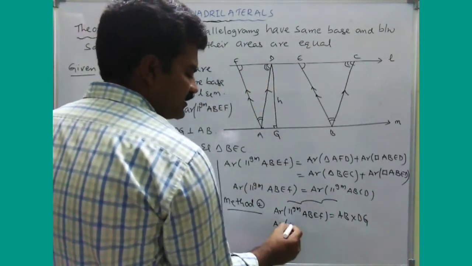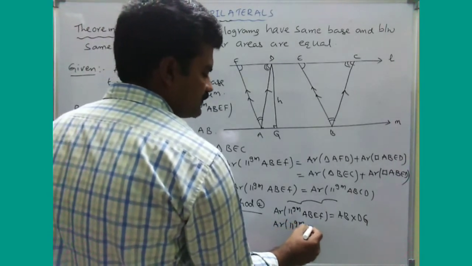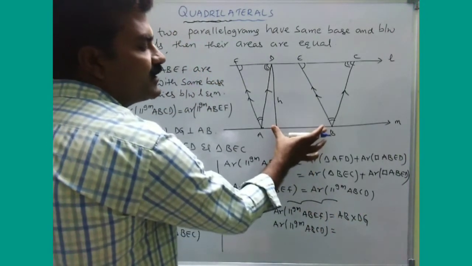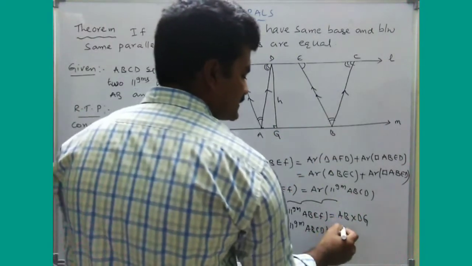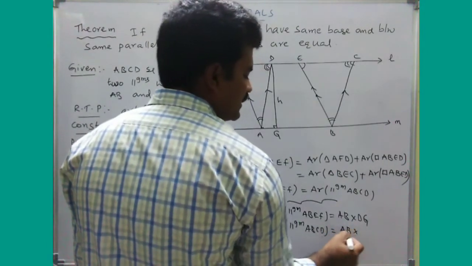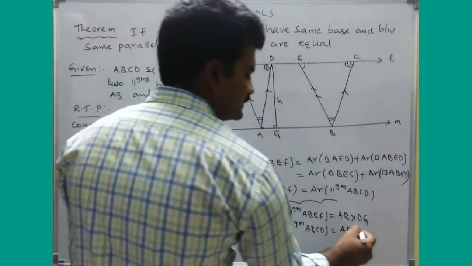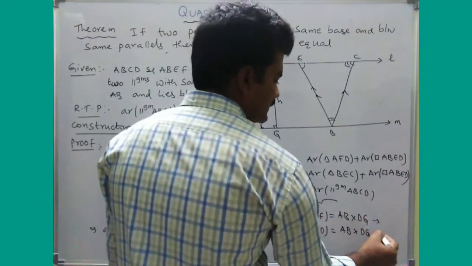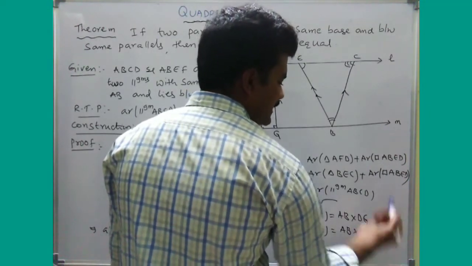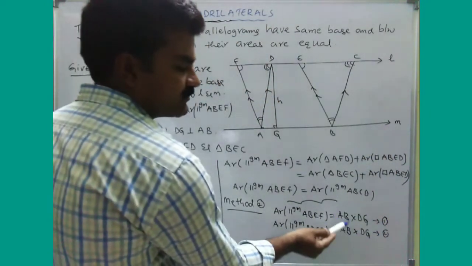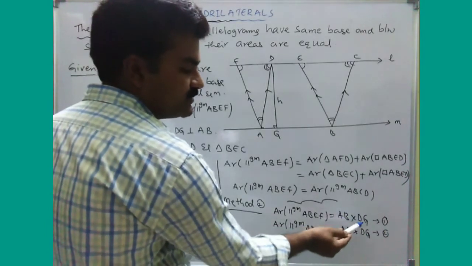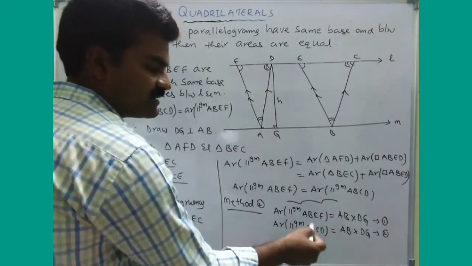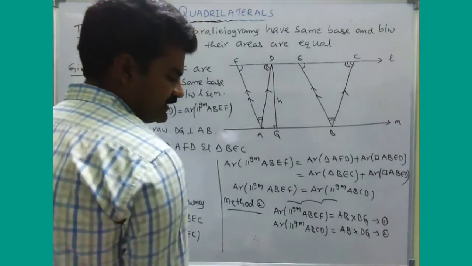Coming to the other parallelogram ABCD, here also I can take base as AB and once again height is DG only. So consider these as conditions 1 and 2. Look, the RHS is the same, AB into DG. That means these two parallelograms are equal in areas.